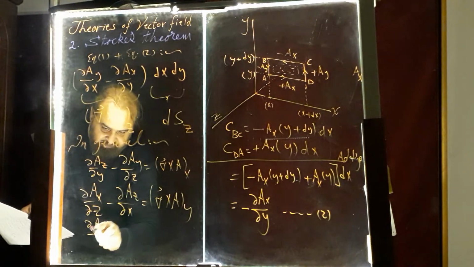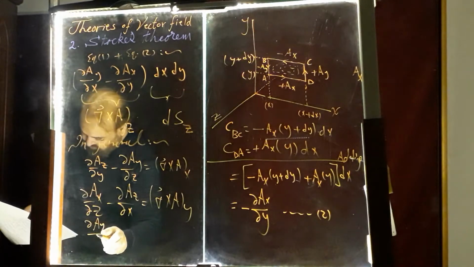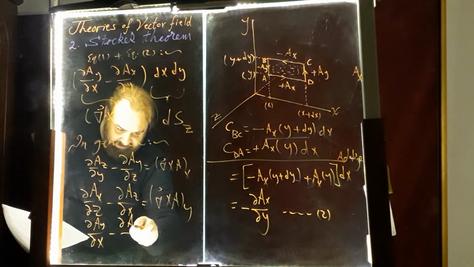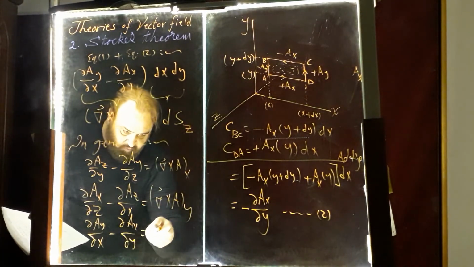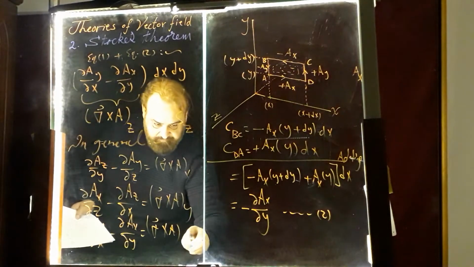Finally, the partial Ay over partial x minus the partial Ax over partial y equals the curl of A in the direction of z.